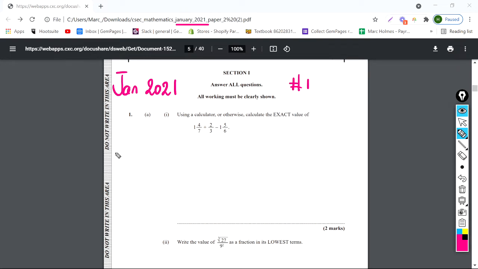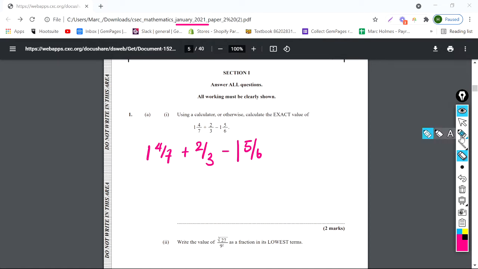Cool. So for the first one here, we have 1 and 4 over 7 plus 2 over 3 minus 1 and 5 over 6. With these type of questions, guys, the first thing I like to do is follow the bomb dash rules, and the second thing I like to do is change everything to fractions.